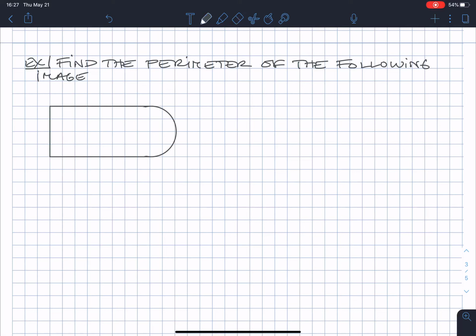Okay, so let's say that this is 6 feet just to get to where the circle starts.